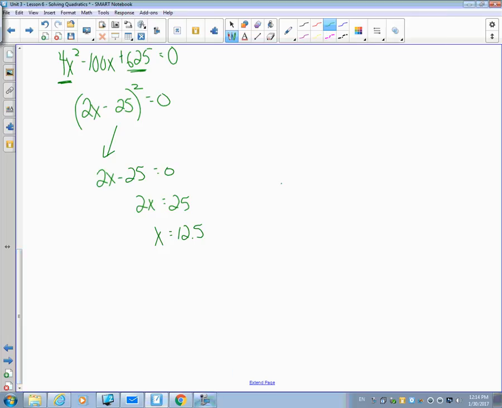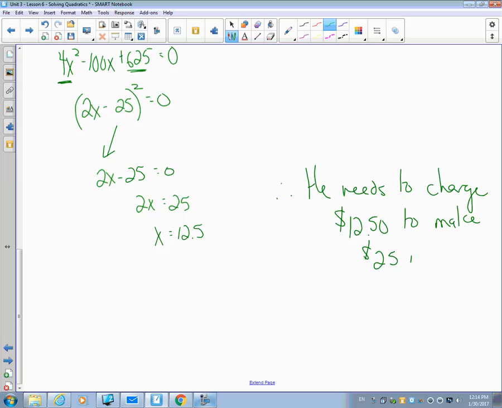So if he wants to make just that minimum 25 bucks, he needs to charge $12.50 to make $25 in profit.